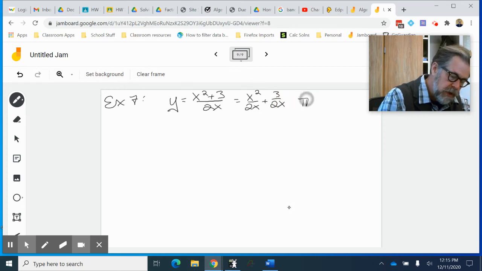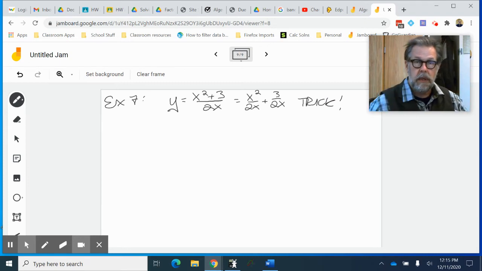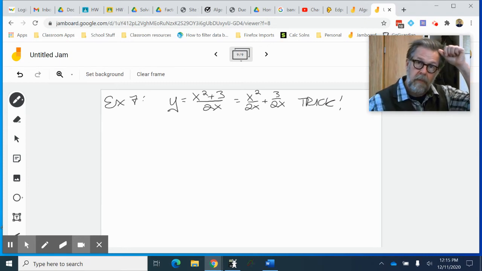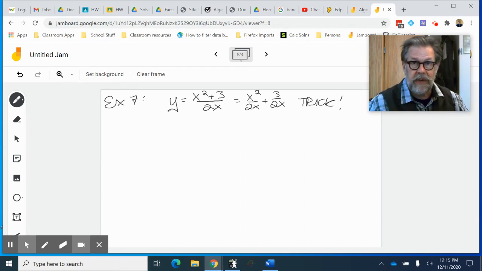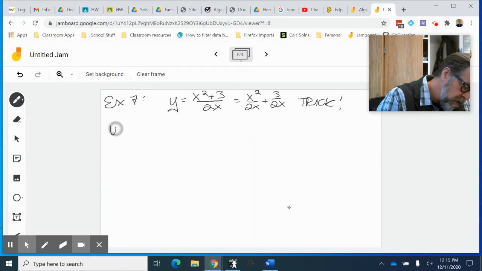And guys, here's the trick. Anytime you see a variable in the bottom of a function and you're talking about finding a derivative, rewrite it as a negative exponent. So what we've got now, doing some simplification, is y equals 1/2 x plus 3/2 x to the negative 1.